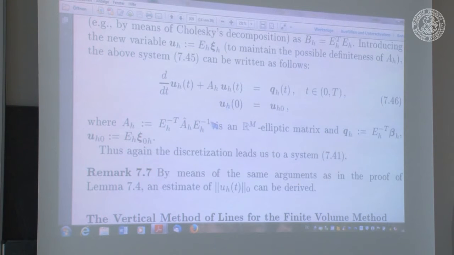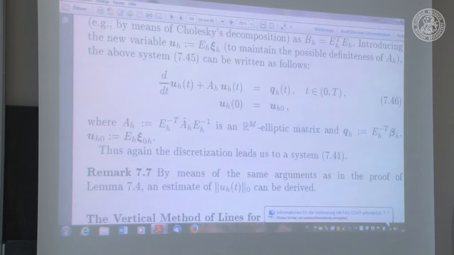So I have a non-singular matrix, and here I have the transpose of the non-singular matrix. So any properties which the matrix AH hat has in conjunction with quadratic forms, like symmetry, positive definiteness, and so on, are conserved by this. In this sense, it would be more reasonable to do it like that.